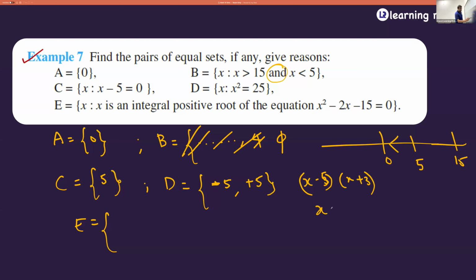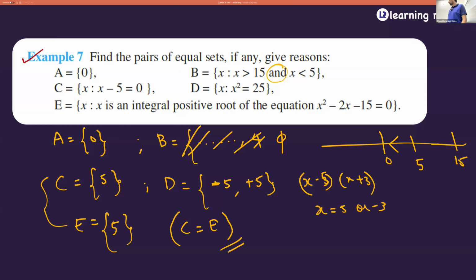So x is equal to 5 or -3. X is an integral positive root of the equation, so it is only 5. -3 is eliminated. So which two sets are equal? C and E are equal. So set C is equal to set E.